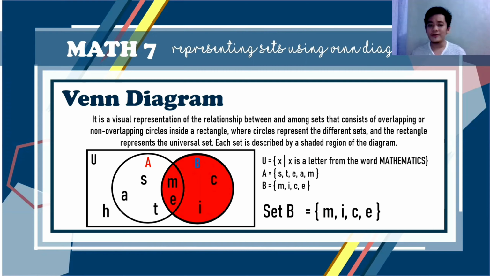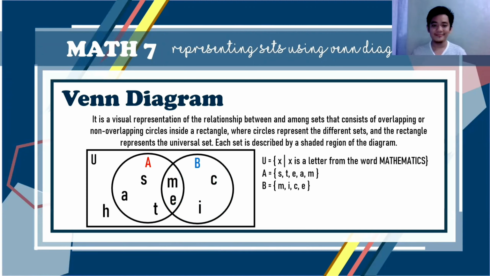But what if the sets that we need to represent using the Venn diagram contain set operations? Example, set A union B. And we know the operation union is about combining the elements of our given sets.